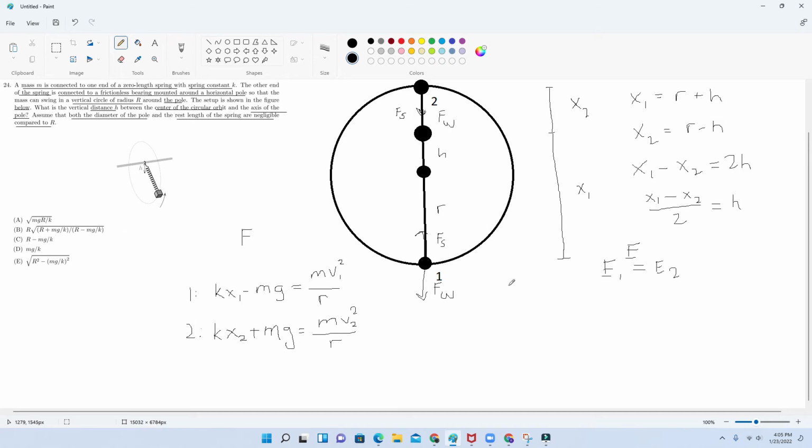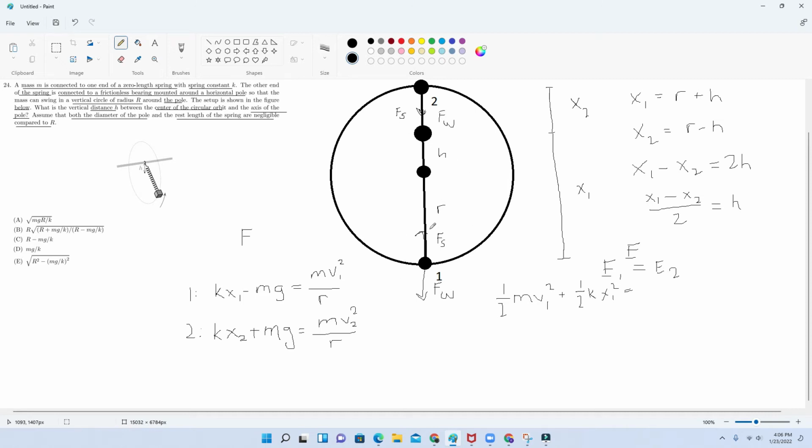So for kinetic energy, we get 1/2 mv1 squared. And then for the spring energy, we get 1/2 k times the displacement, which in this case is x1, squared. And this will be equal to the energy at 2. So 2 will have spring potential energy, it'll have kinetic energy, and it will also have some gravitational potential energy, because since we set our ground to the level where 1 is at, 2 is significantly above that.